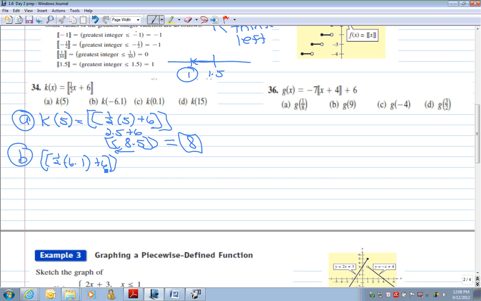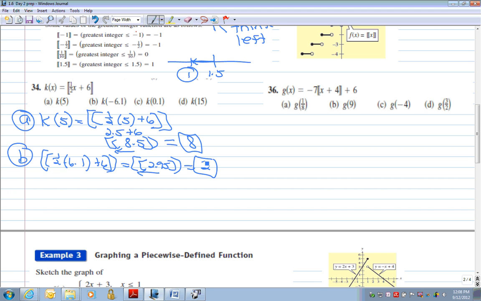When I go through and figure out what 1/2 of -6.1 is, and I add 6 to it, I'm going to end up with the greatest integer of 2.95. So if you can imagine you're at 2.95 on a number line, that means you're close to 3, but you're not at 3. You have to think to the left of that. If you're on that number line and you move to the integer left of that, that would be at 2.